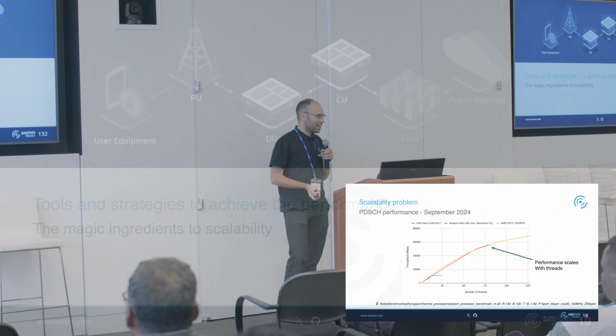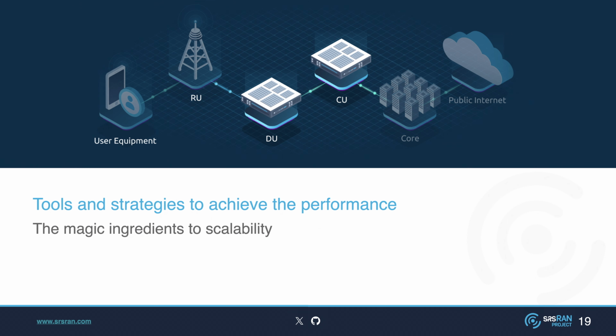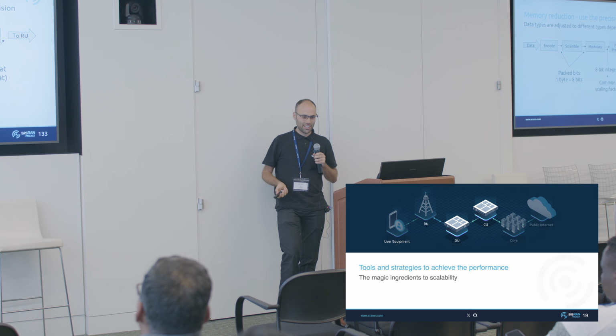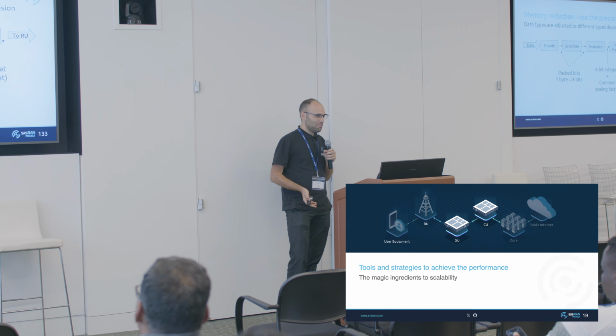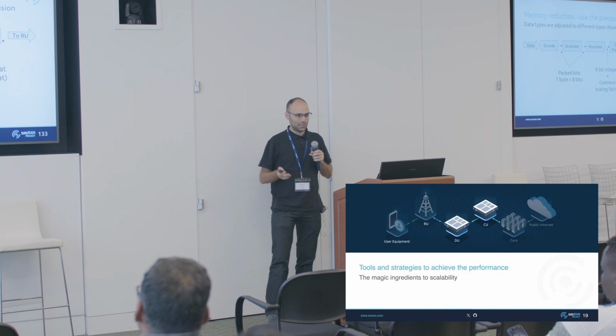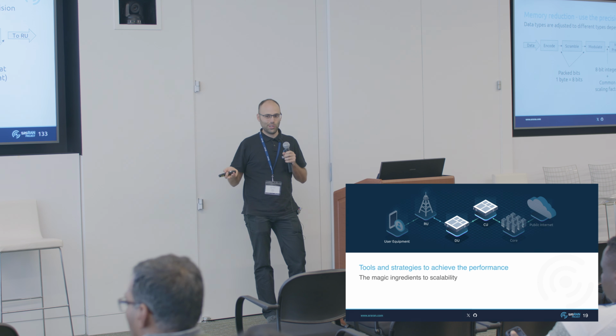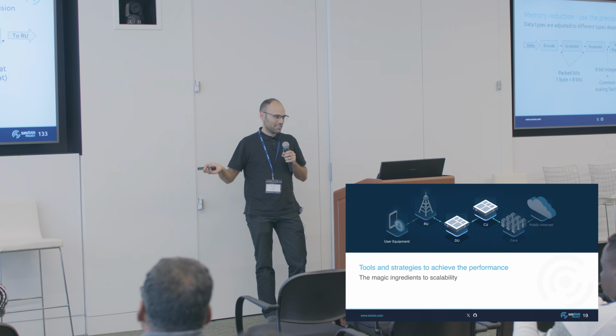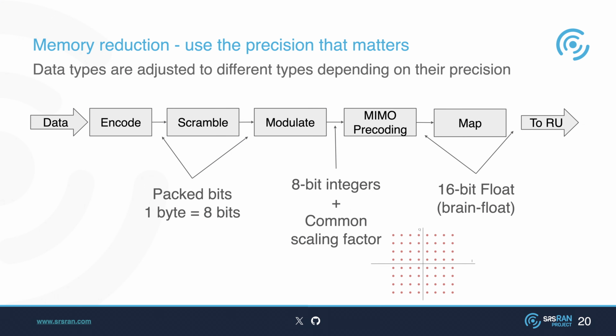Now we go to the next step, which are the tools and strategies we use to make this scalability possible. Well, first of all, we reduce our memory consumption. There are things that sound very obvious, like the first step between the encoder and the modulator: to use packed bits. It's like, what? Packed bits? 1 byte, 8 bits, right?